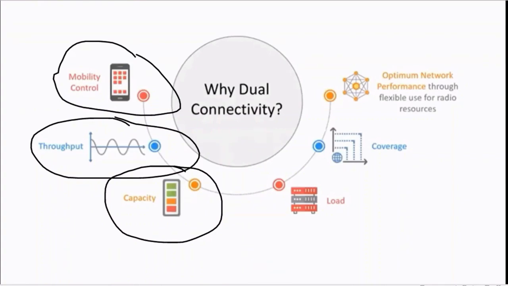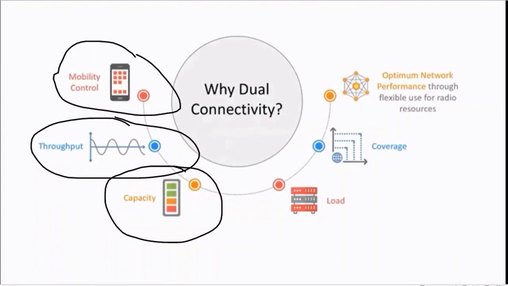Initially I have only one base station at a given point of time and I'm providing this service. But what can I do? I will hand over in such a way that you will provide dual connectivity, right? That means two base stations are going to provide the connectivity. So in this case, the handover success rate will increase. Our handover failures will typically come down.